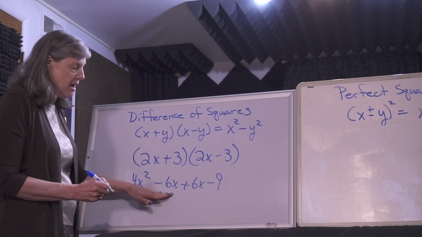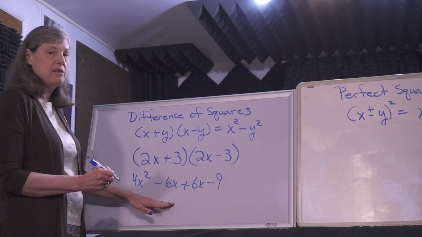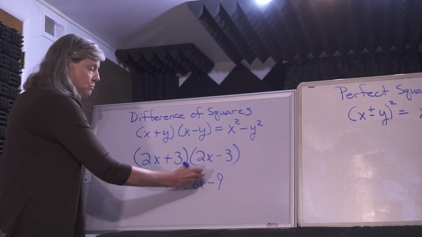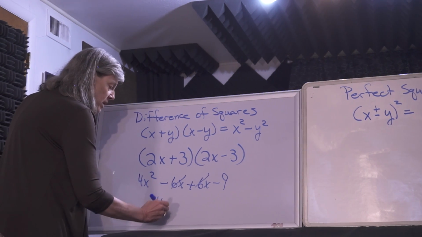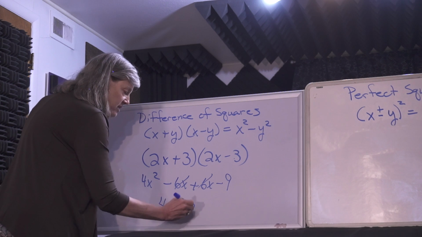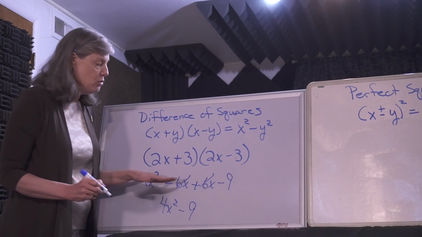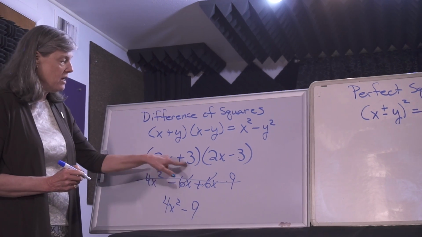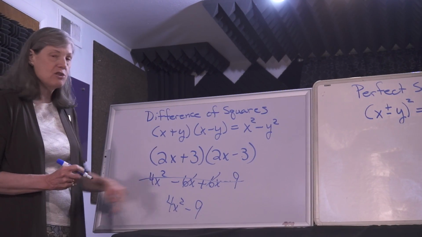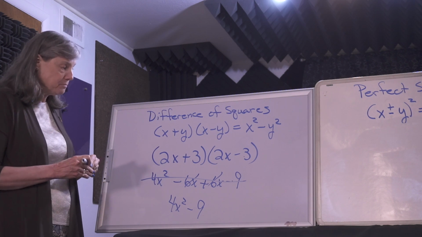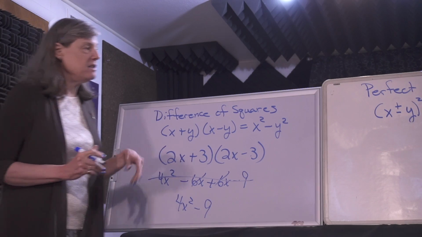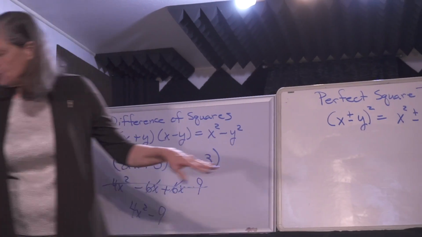Well, notice we have two terms in the middle that are exactly the same, except our signs are opposite, which means these are gone, and we are left with 4x squared minus 9. You need to go straight to that answer. Take this, square it, negative, take this, square it, and you're done. Do not be doing the foiling anymore. Recognize this pattern.